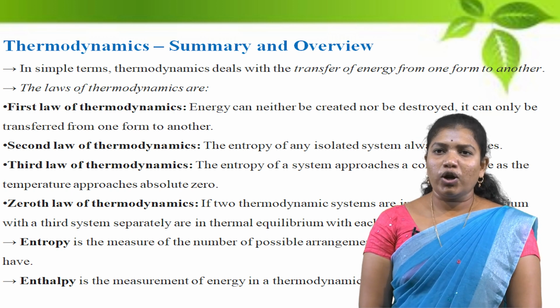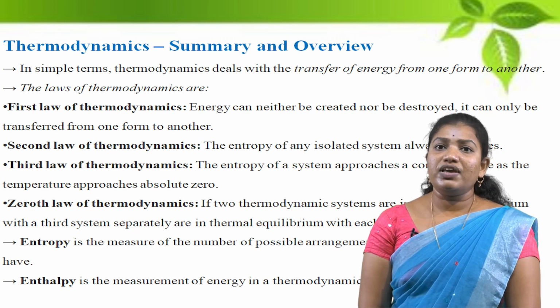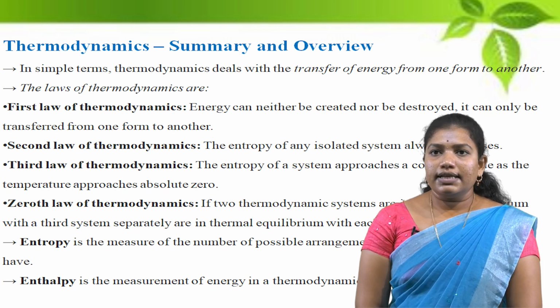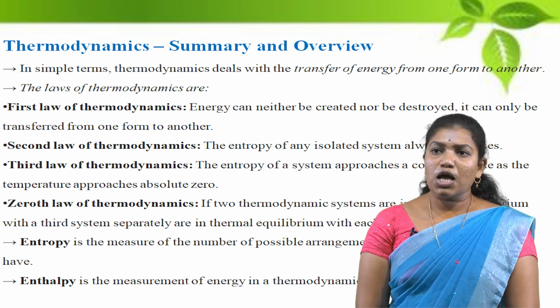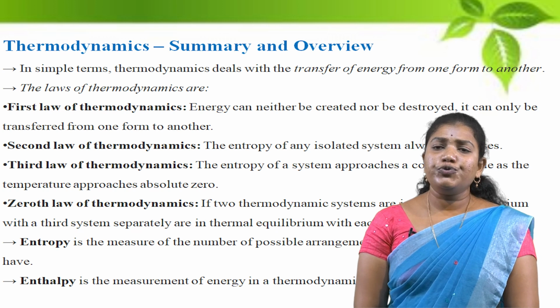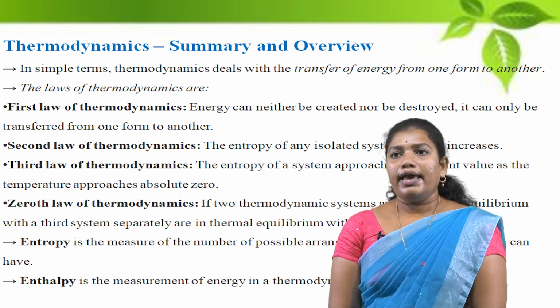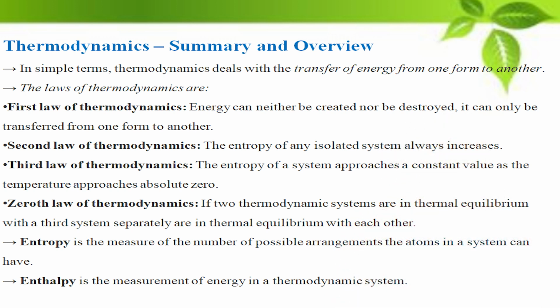The second law says the entropy of any isolated system always increases. The third law says the entropy of a system approaches a constant value as the temperature approaches absolute zero. And the zeroth law says if two thermodynamic systems are each in thermal equilibrium with a third system, they are in thermal equilibrium with each other.